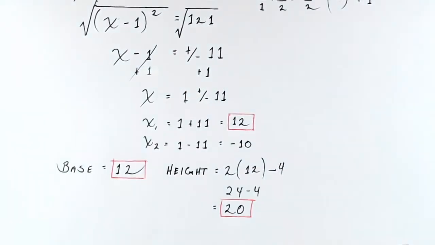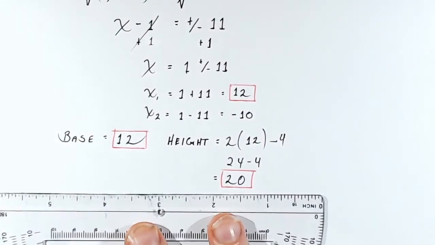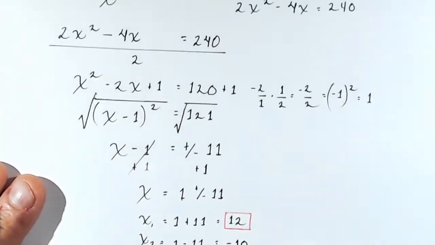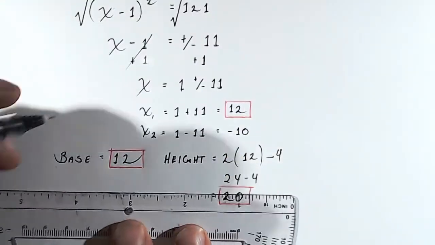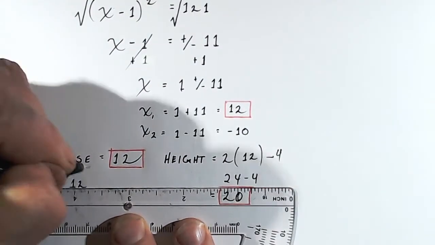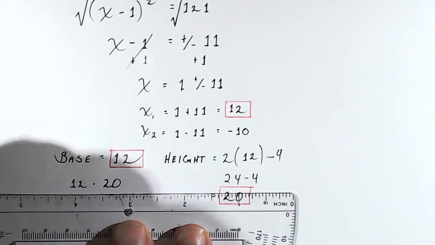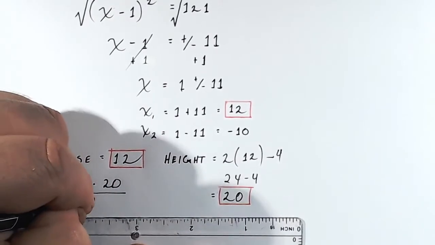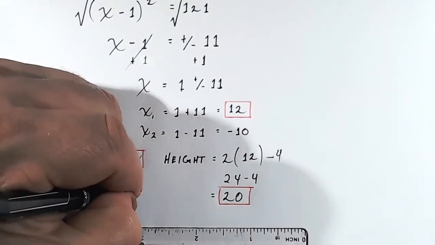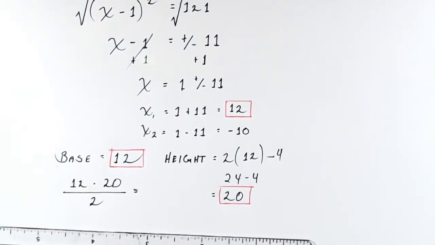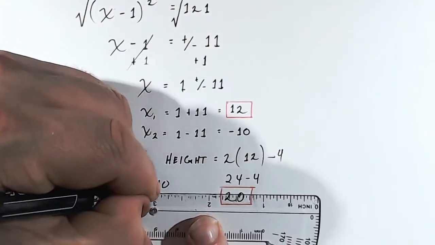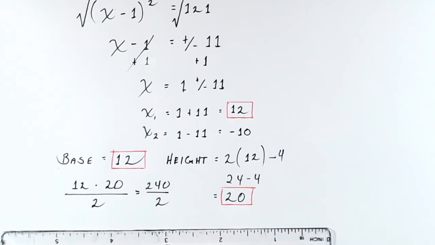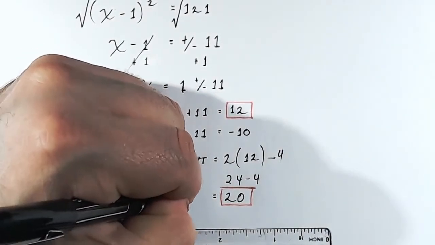Let's verify that we did this correctly. Base times height divided by 2 should equal 120. Let's see if it does. Base is 12 times height of 20 all over 2. 12 times 20 is 240, divided by 2, and that equals 120.